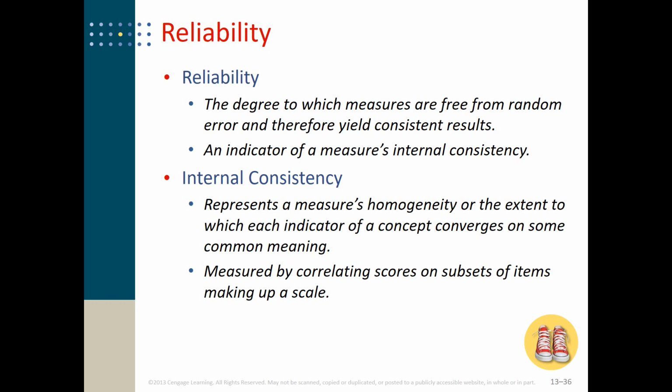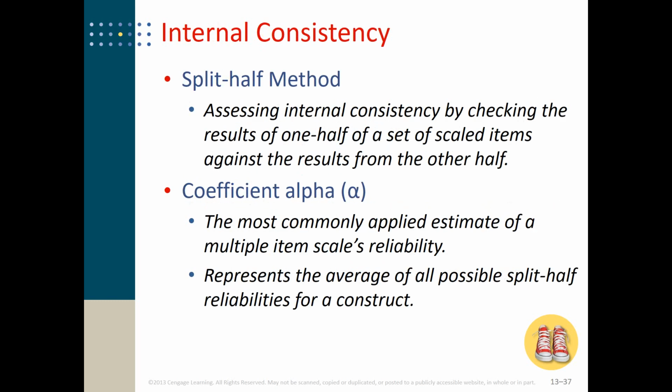So to check reliability, we generally check internal consistency. That's what I am discussing so far. Internal consistency means that if there is a measurement scale with different components, they will be internally consistent if all the components converge to the same meaning. Now, how do you calculate this internal consistency?